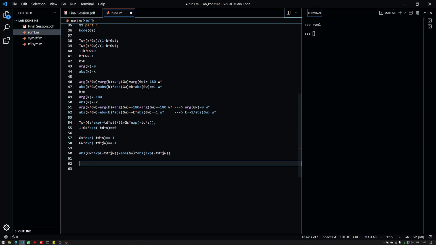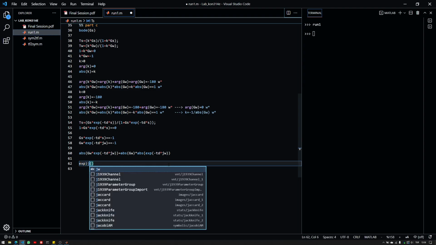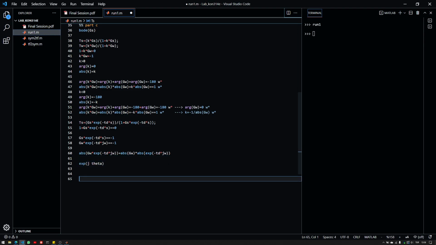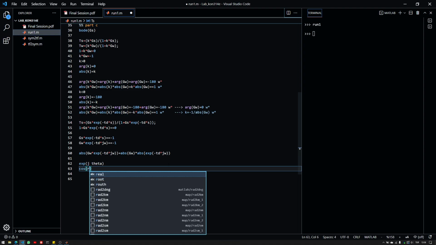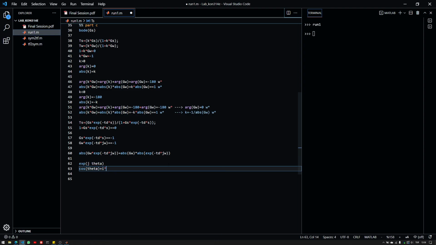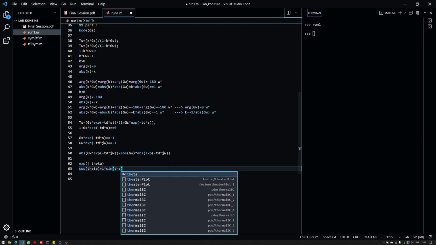But the absolute value of this here, it's actually known. So since this is j omega, this would be something like j theta, let's say theta. So this is actually cosine of theta plus j times sine of theta.